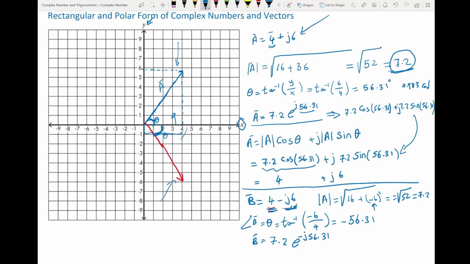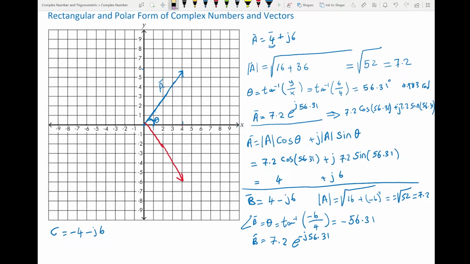Now, this is a short review of complex numbers in rectangular, polar and vector forms. But there is one point that creates confusion for students, which is the calculation of an angle if the vector is located in the third or fourth quadrant of the plane. For example, let us find the polar form for the vector C equal to minus 4 minus j6.